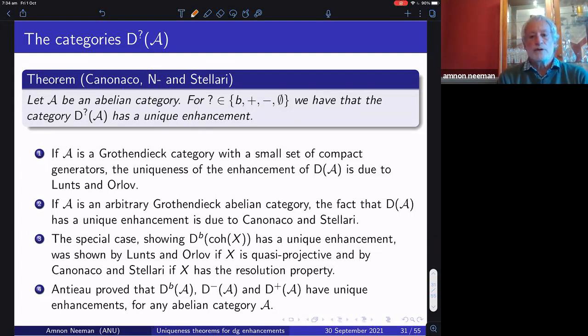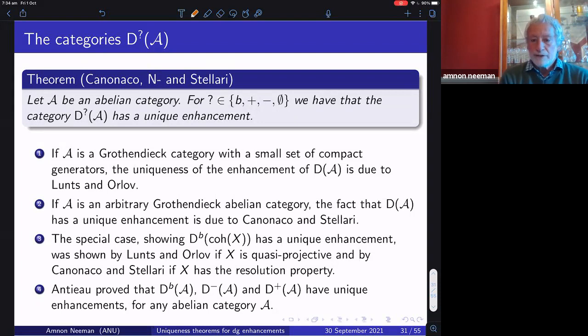Okay, so now what was known before? Lunts and Orlov proved that if A is a Grothendieck category with a small set of compact generators, then the unbounded derived category, D of A, has a unique enhancement. Canonaco and Stellari improved it to an arbitrary Grothendieck abelian category.